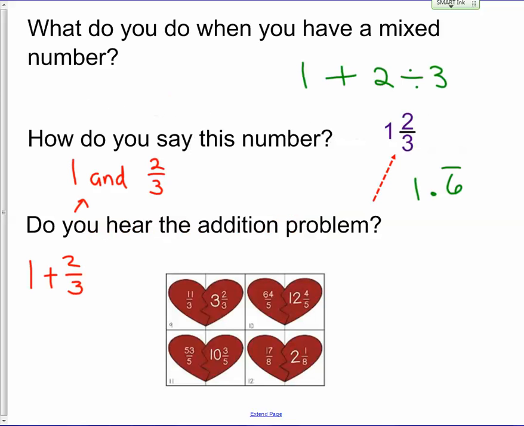And we practiced, oh, a mixed number. All right, so I said, how do you say this number? And you guys know how to read that. It's 1 and 2/3. Do you hear the addition problem? 1 plus 2/3.